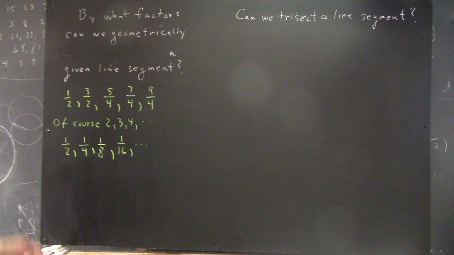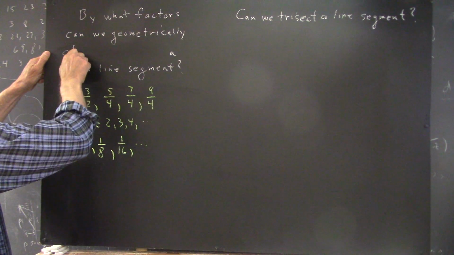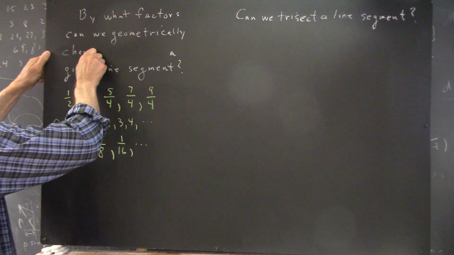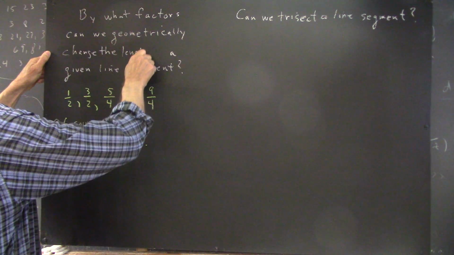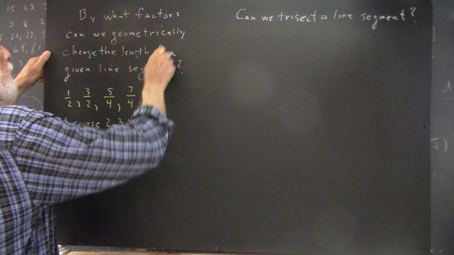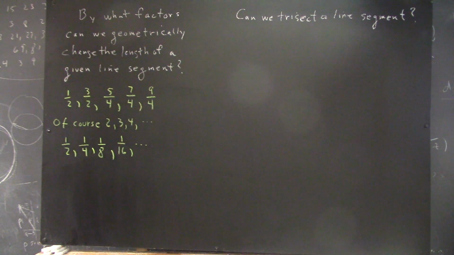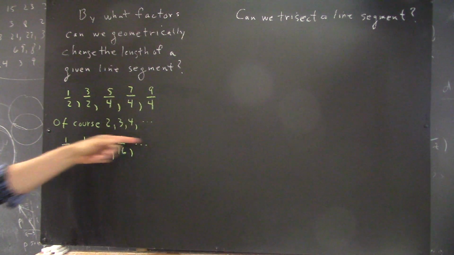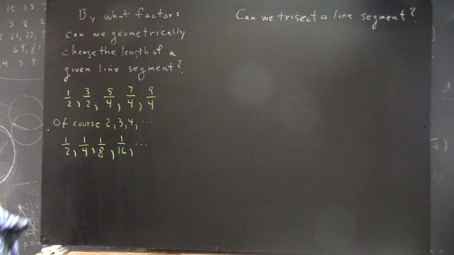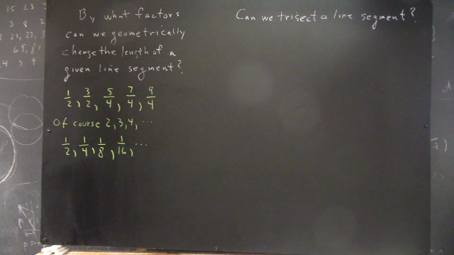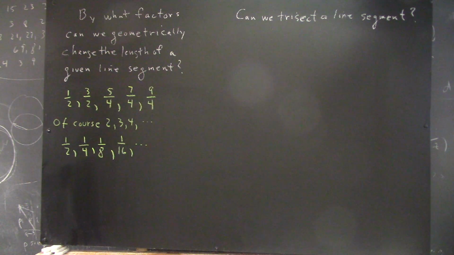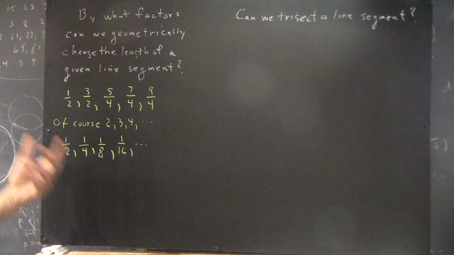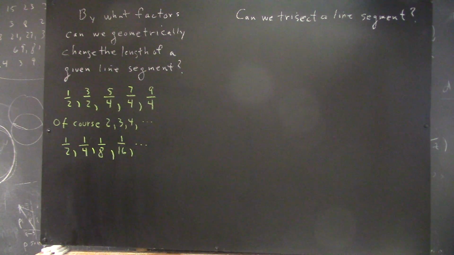Okay? Now let me come back here and make that say change the length of a line segment. Okay? So we have all these possible fractions. So with this as a basis, I'm going to pose the question of what other fractions are possible. Okay, what can you build based on the fractions that we've seen?